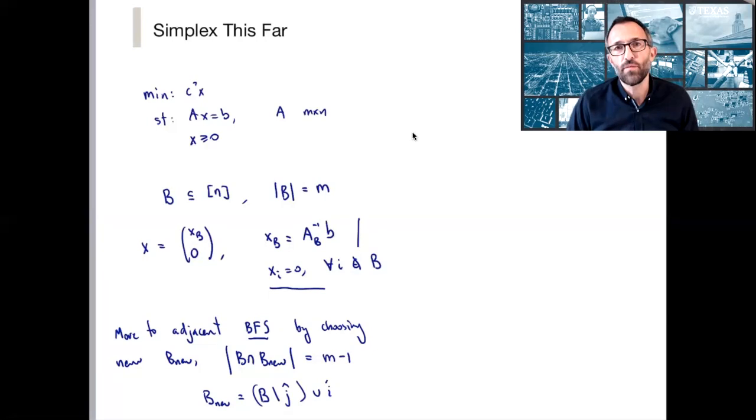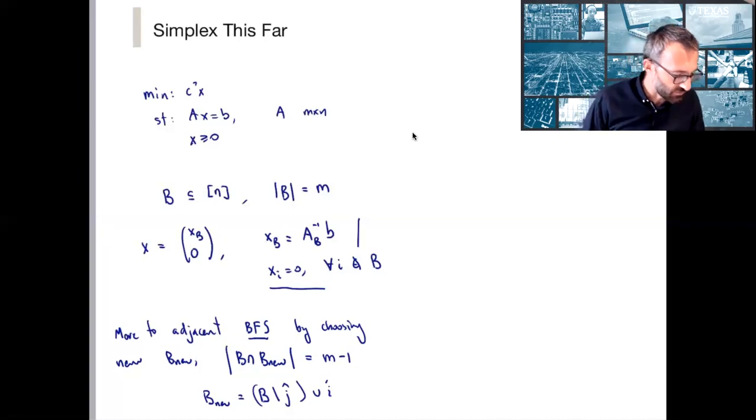And we discussed in the previous lecture how we do this procedure of i hat entering and j hat leaving. So we found that, let me make sure I have my notation from last time correct. Yes, I was using i hat. So how did we write it last time? x new is equal to x old plus theta times the direction d.